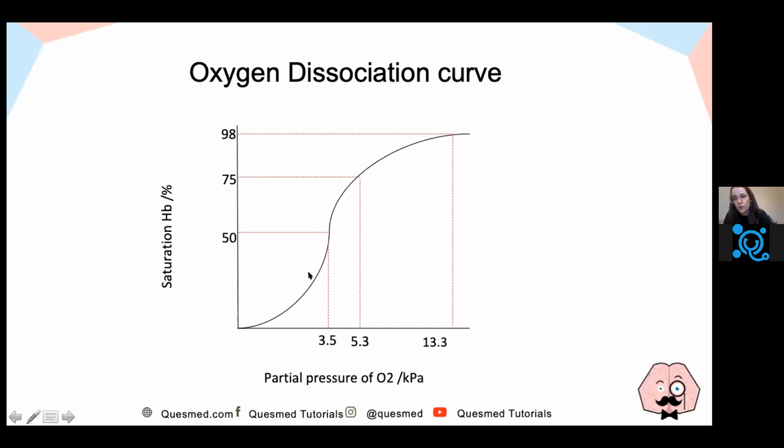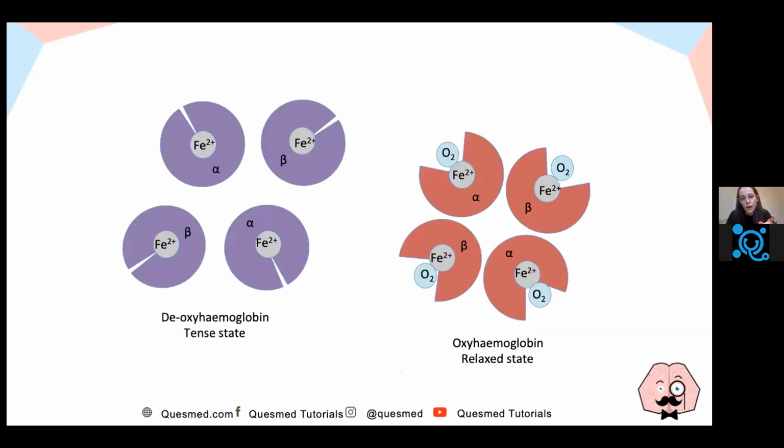and that's due to the structure of hemoglobin. Hemoglobin is a four-protein structure, a tetrameric molecule, made up of 2 alpha chains and 2 beta chains, and inside those we've got our ferrous ion.